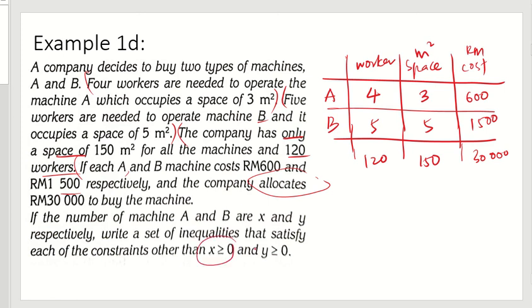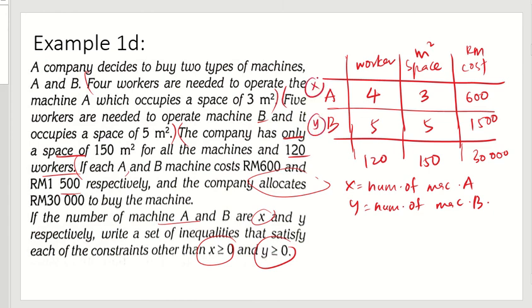Normally the question will give you x bigger or equal to 0, y bigger or equal to 0. The question gives you x equal to the number of machine A, and y equal to the number of machine B. So A is related with x and B is related with y.